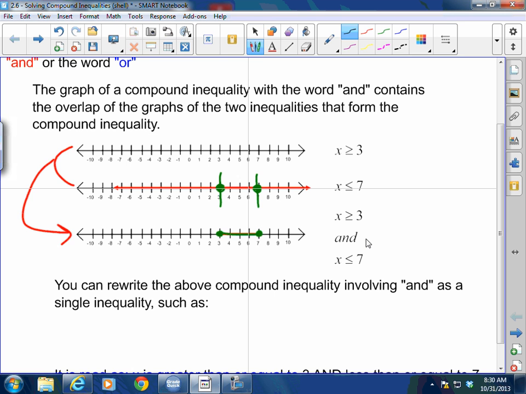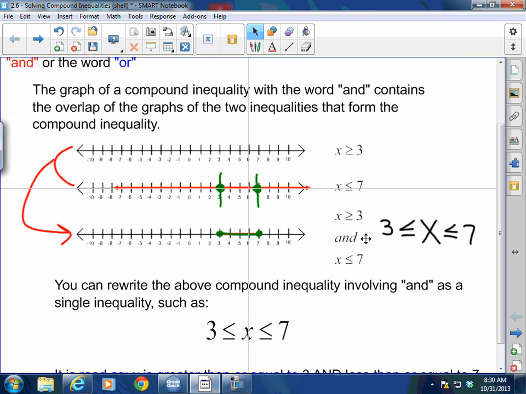The right way to write this is by placing the x in the middle and reading properly. x is greater than or equal to 3, but x is also less than or equal to 7. x is greater than or equal to 3, but x is less than or equal to 7.